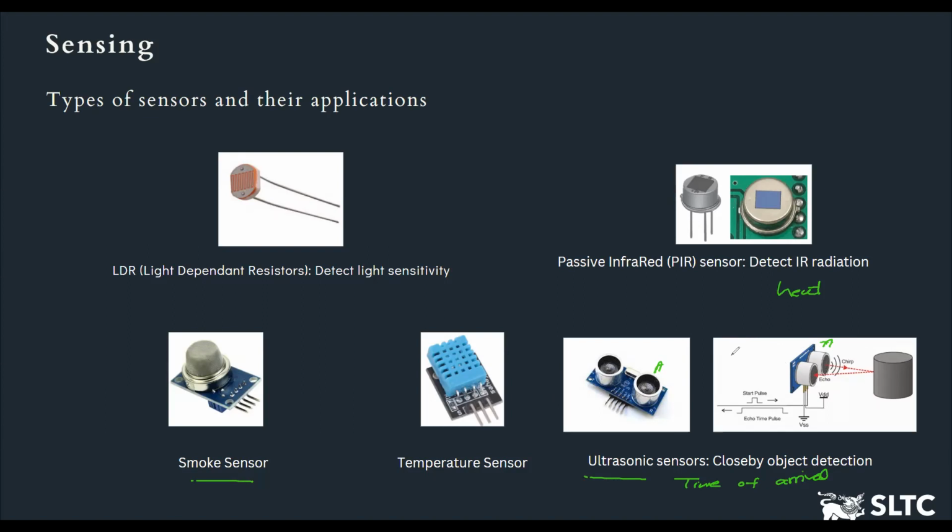Using that time difference, we can calculate the distance to the object, because we know the frequency and the velocity of the signal transmitted.